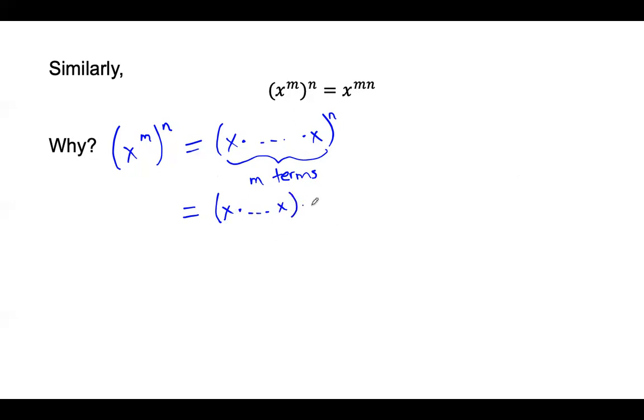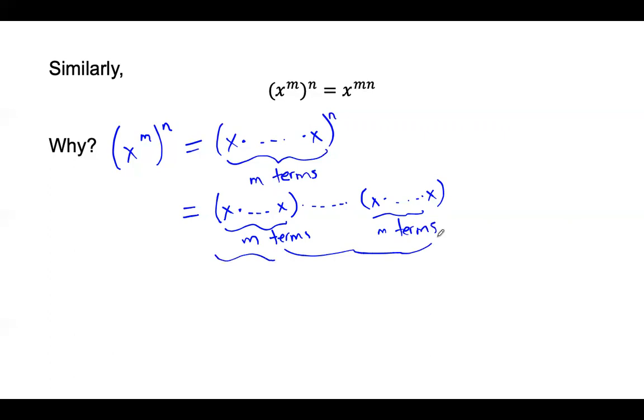So let me try to draw this out a little bit more. So there's m of these and m of these. And each grouping has m of these, n times.